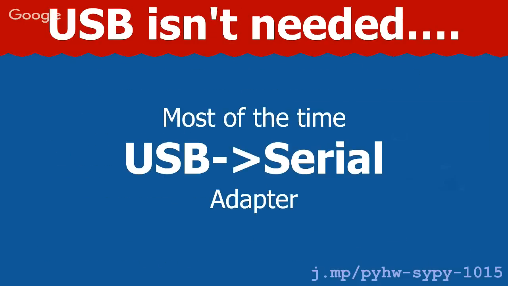I seem to have that slide twice. It turns out though, most of the time you don't need to deal with it at the USB level, because most of the interfaces are actually just USB to serial converters. Who here knows what serial is? That's great, most people. So that's what you used to have on the back of your computer, called a COM port.